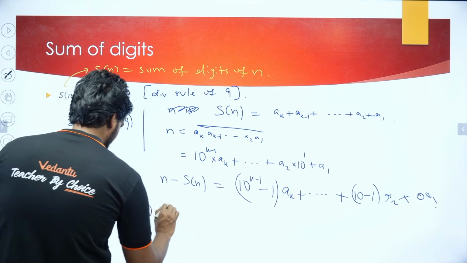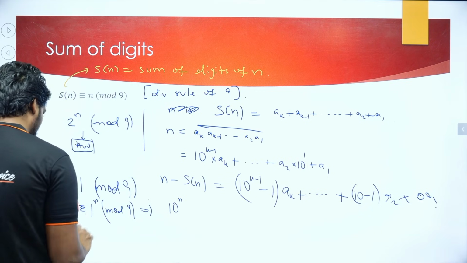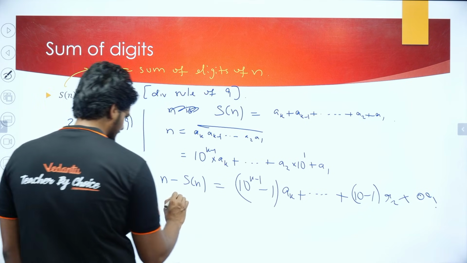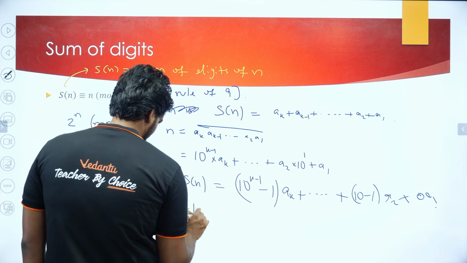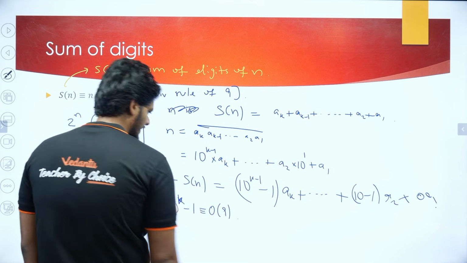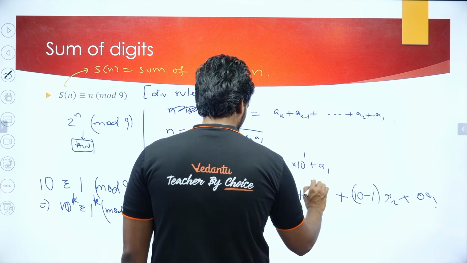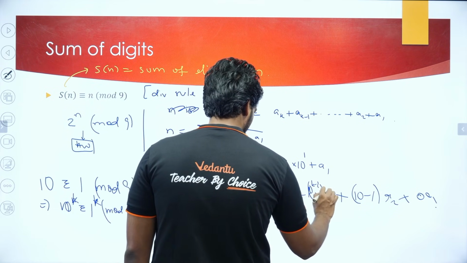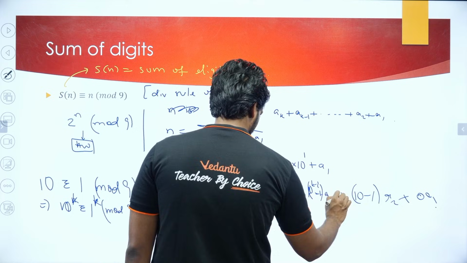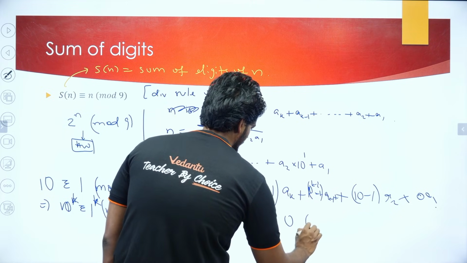So that will imply that 10 power k minus 1 is congruent to 0 mod 9, which implies all of these terms, such as 10 power k minus 2 minus 1 into ak minus 1, are 0 mod 9.